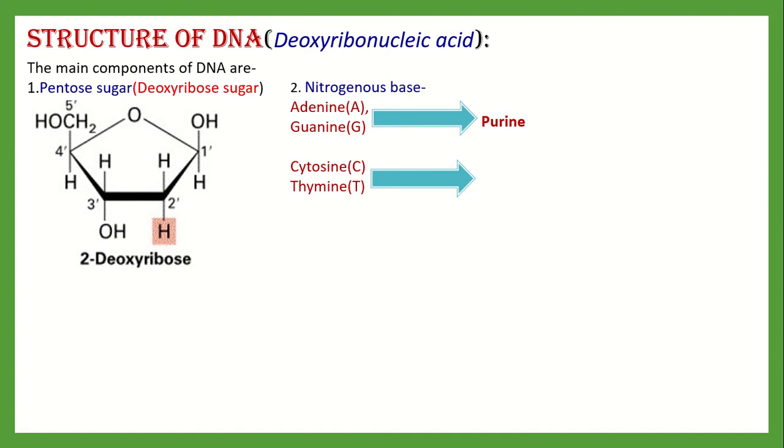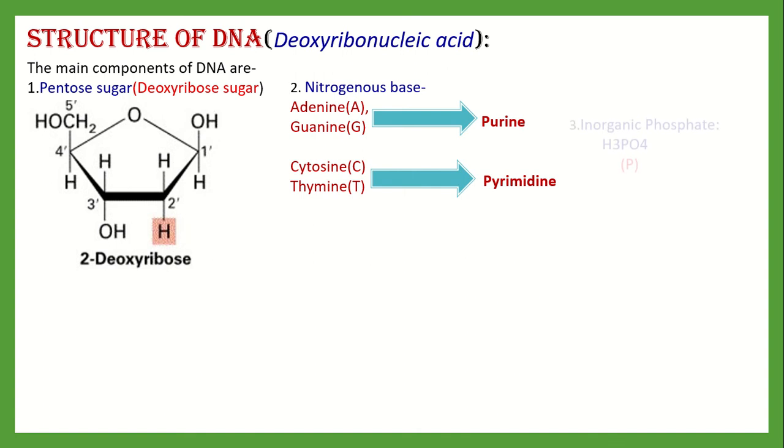Purine nitrogenous bases have 2 rings of atoms, and pyrimidine nitrogenous bases have a single ring of atoms.